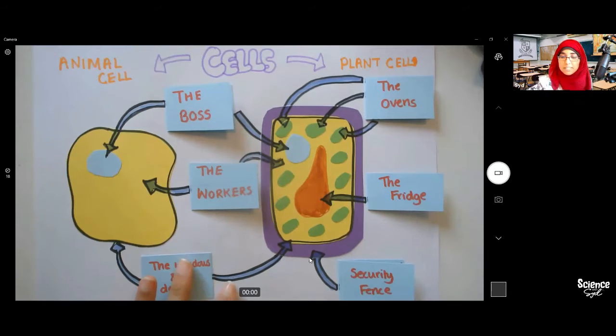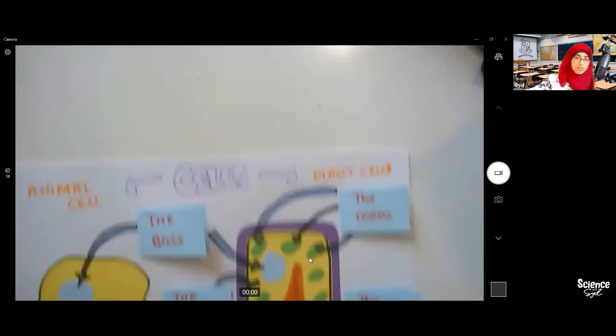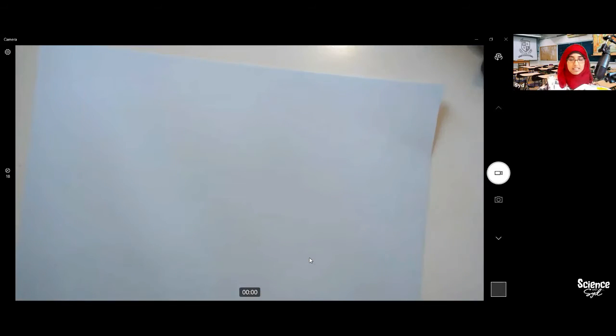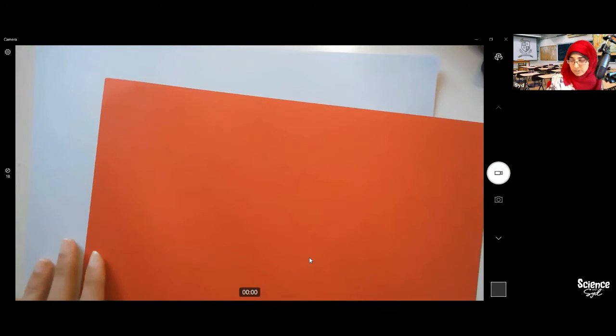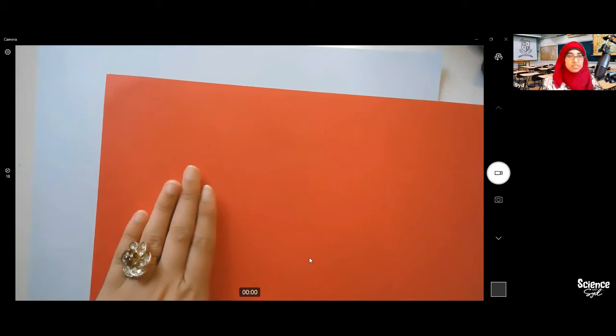So I'm going to grab myself a piece of paper, mine is slightly off white, so it's a blue color. And the first thing that we're going to be doing is creating our blood cell. So I'm going to grab myself some red paper, mine is card. I'm going to put this over here and we're going to draw on here our blood cell.